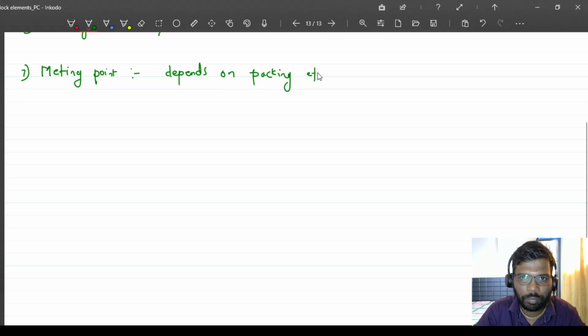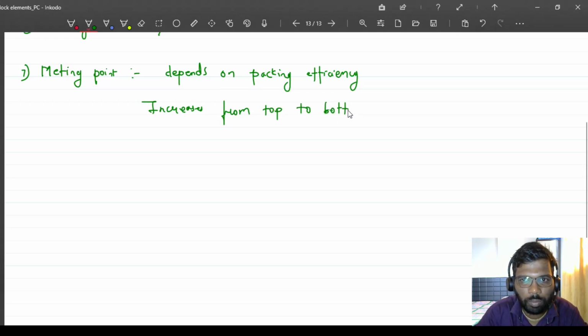In general, melting point increases from top to bottom.